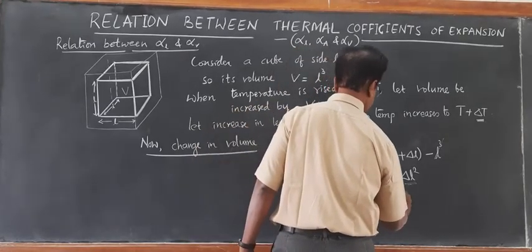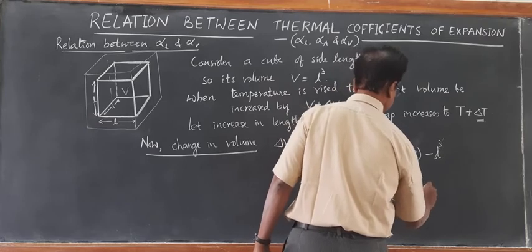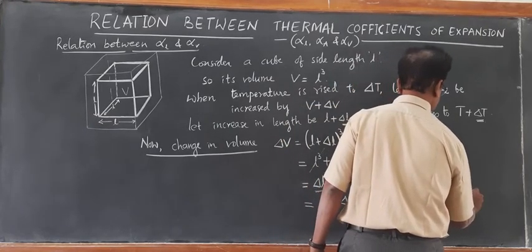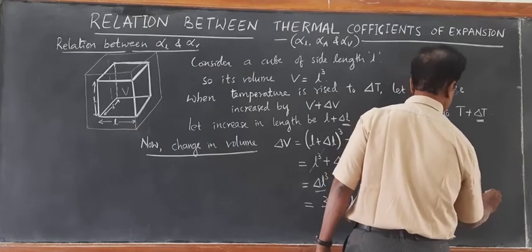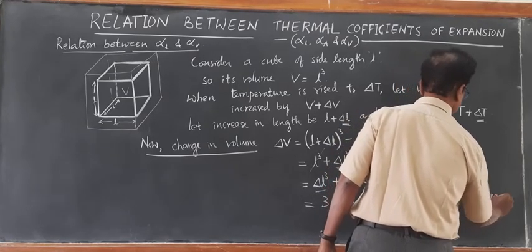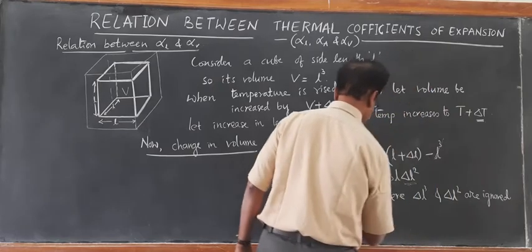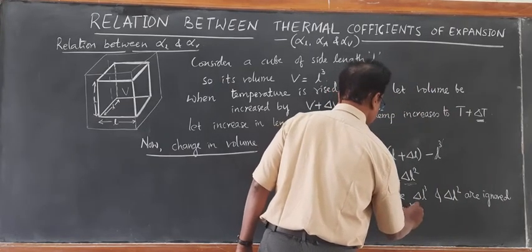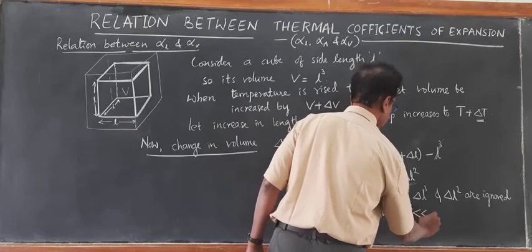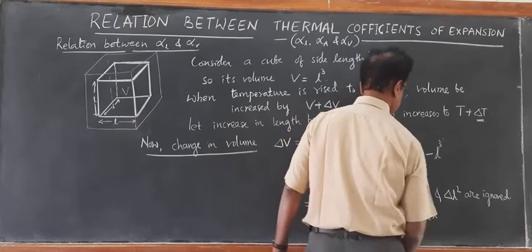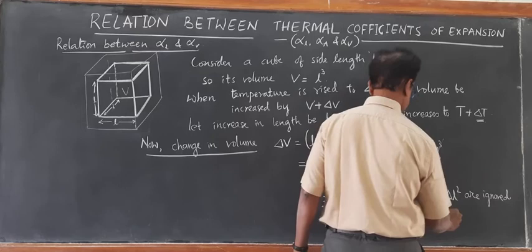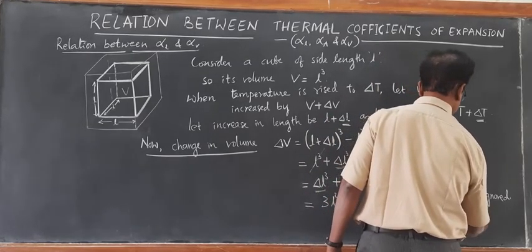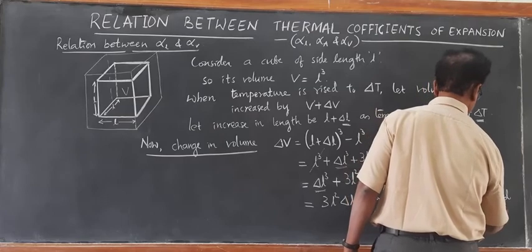Delta L cube and delta L square are ignored, since delta L cube is very small compared to L cube, and delta L square is very small compared to L square.